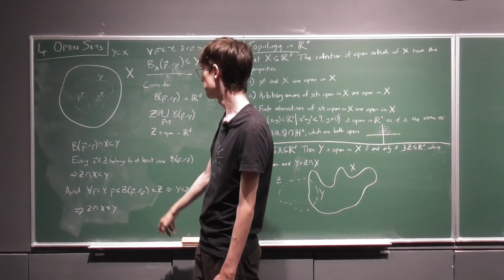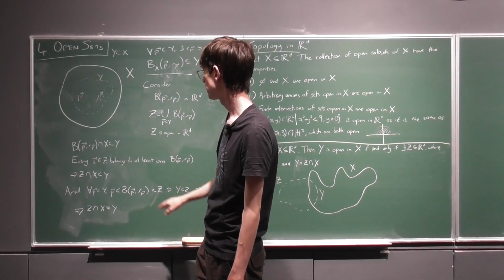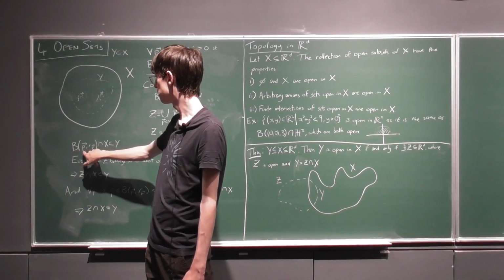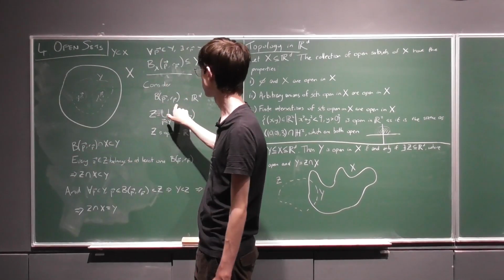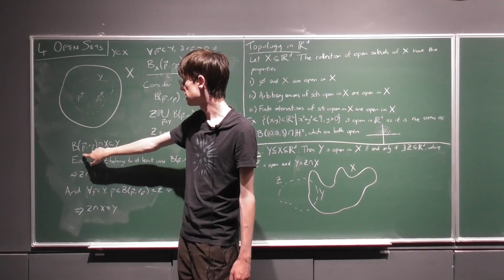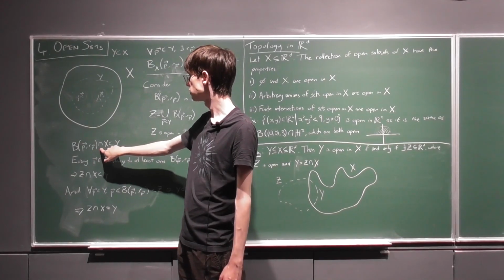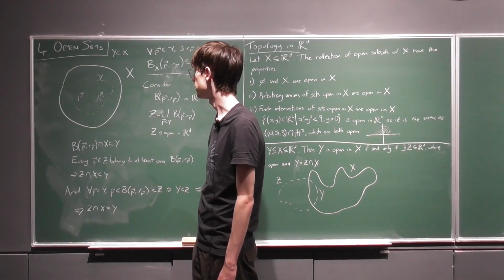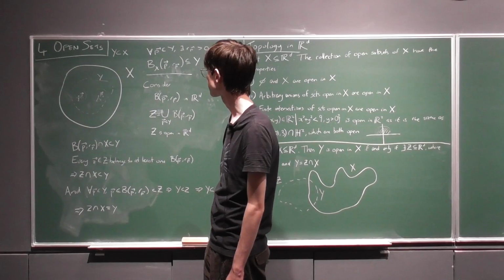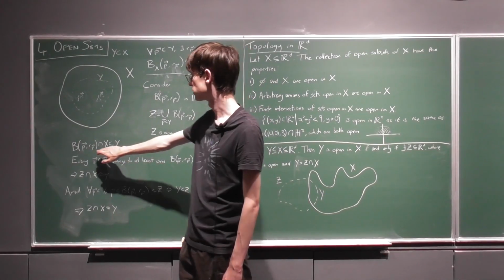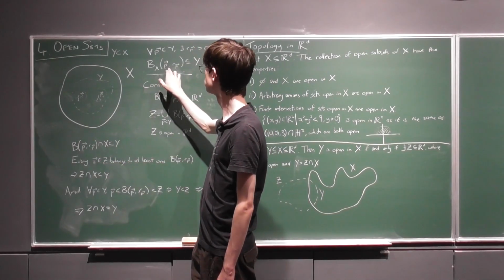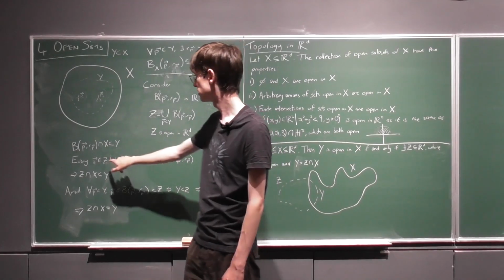So now for any given P, this open ball in Rd when intersected with X is going to be a subset of Y, because that's just going to give the X ball.